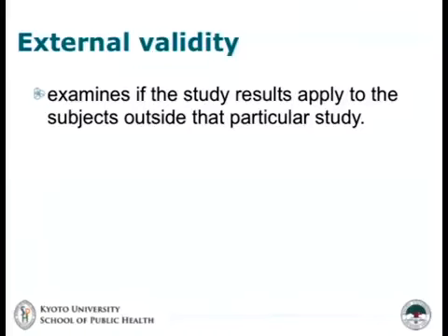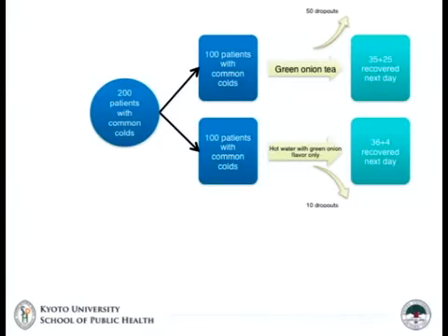External validity examines if the study results are applicable to the subjects outside that particular study. In Lesson 9, we have seen that an internally valid study would have a design like this. If the study has minimal susceptibility, performance, transfer, and detection biases, then it is likely to be internally valid.